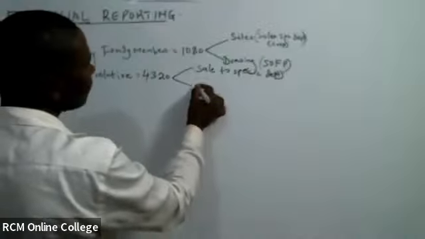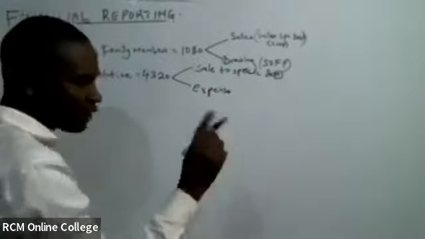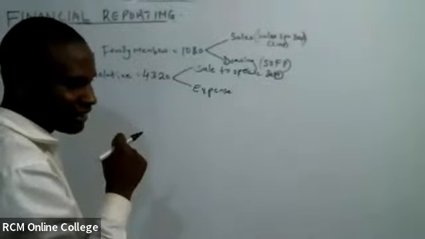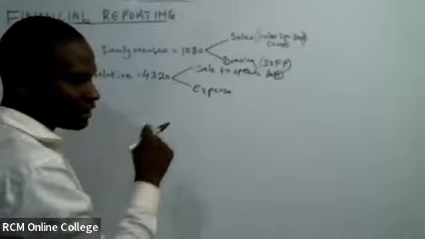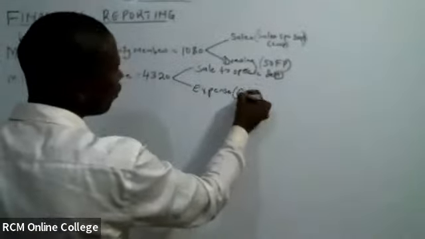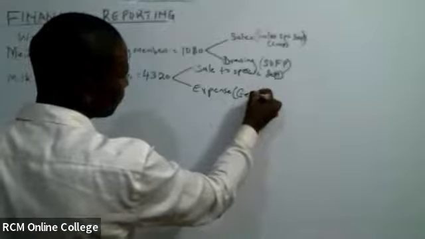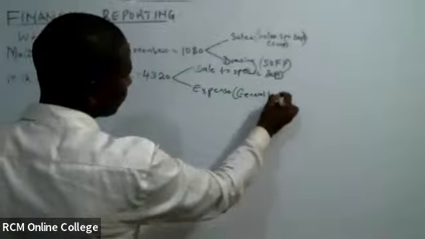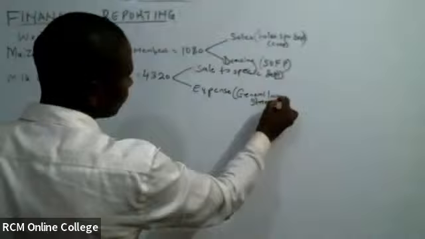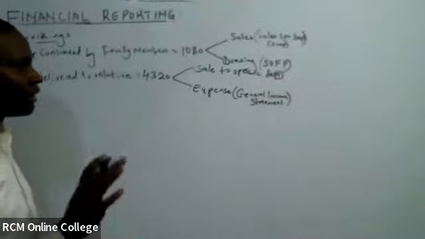And as an expense, is it a general expense or a specific one? At this point it is a general expense. So it will go to the general income statement. This is very important, okay? Once you get that, it becomes easy.